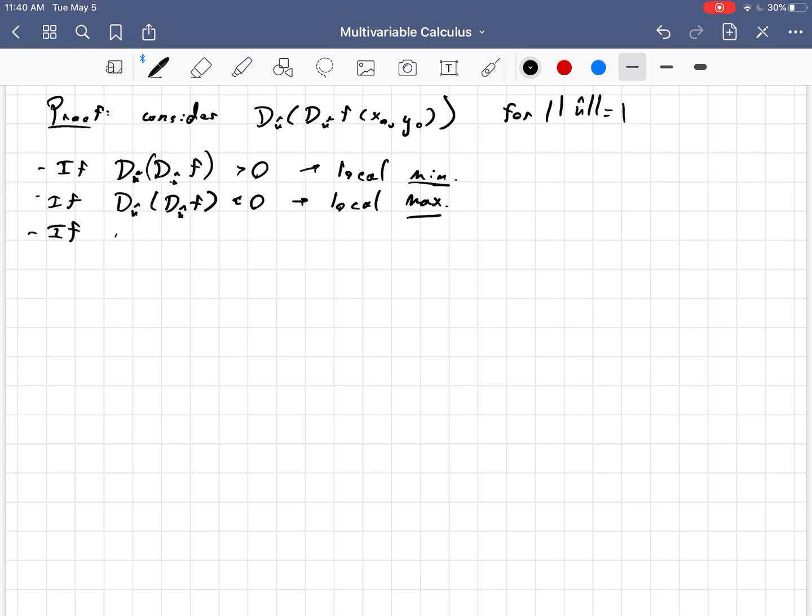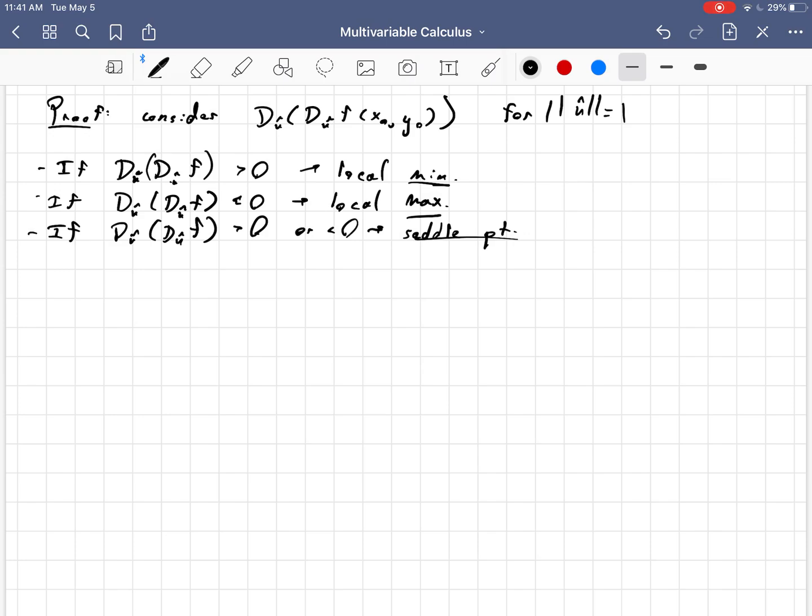And then the last situation is if d sub u of d sub u of f could be greater than 0 in some directions or less than 0 in other directions, which would imply that we have positive concavity if we approach along one direction and negative concavity if we approach along another. So that means we have differing concavities depending upon the direction we approach, and that is defined to be a saddle point. So these are our three different cases that we need to consider.